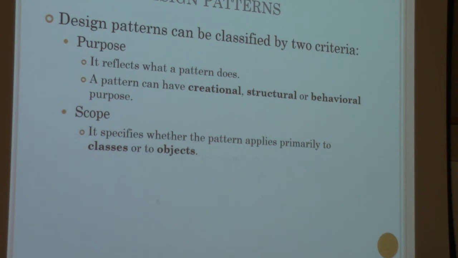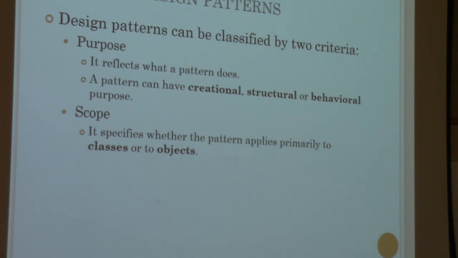Types of design patterns: they are divided two ways. Just like we said, inheritance can be divided two ways. If we look at the number of parents, we can say whether it is single or multiple, and if we look at the filter that is used, then it can be public, private or protected. In a similar way, the design patterns can be divided on the basis of purpose.